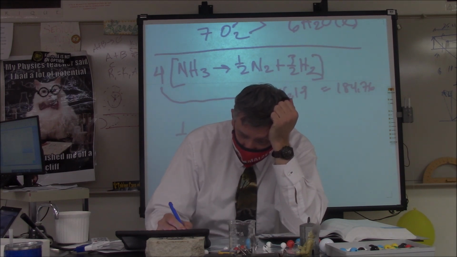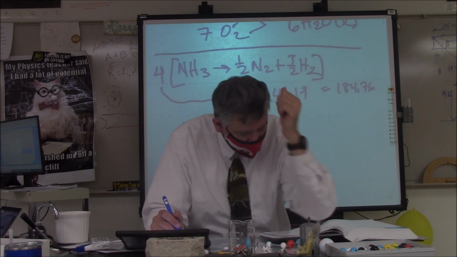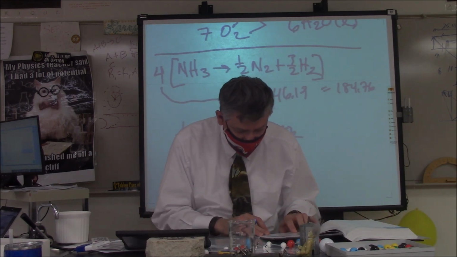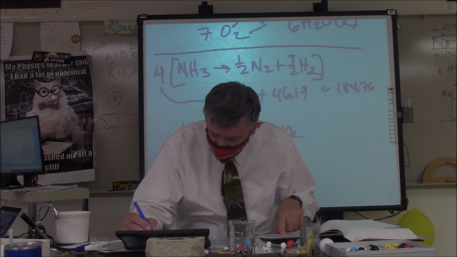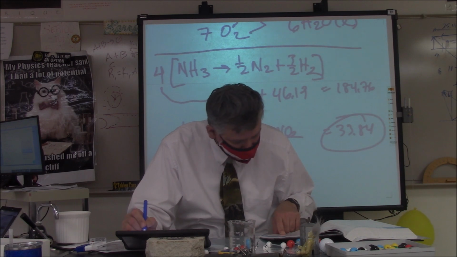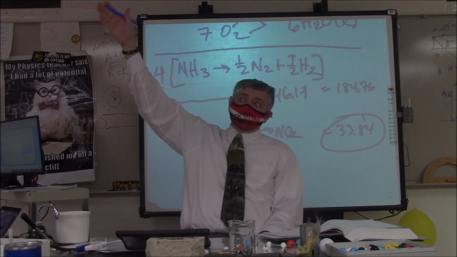Now, we need to make NO2. So we're going to write this as 1/2 N2 plus O2 yielding NO2. Now, if you find that value, you go to your nitrogen and you find NO2, that is 33.84. Okay? Now, that's a positive value as it is written.